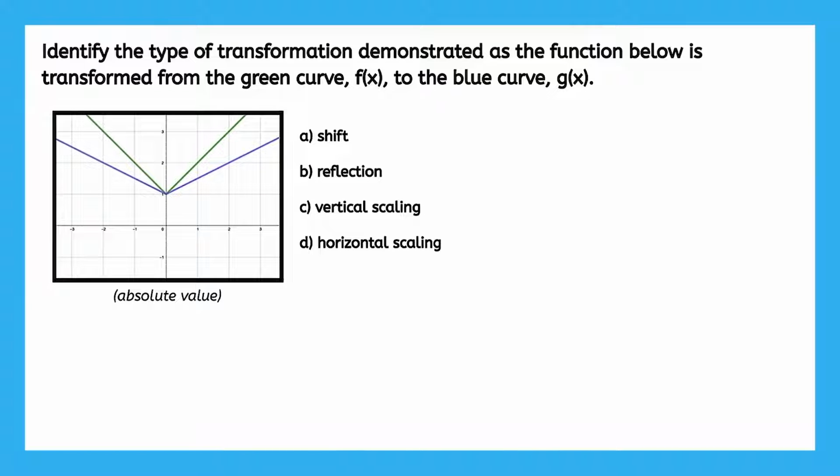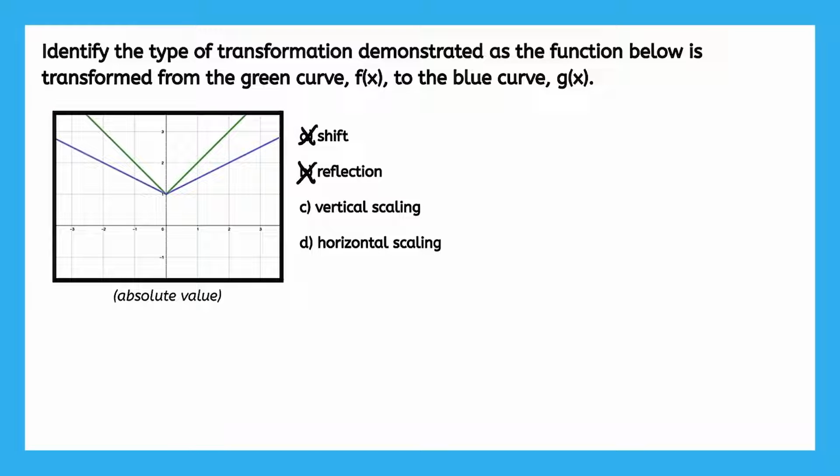We need to figure out, going from this green graph to the blue graph, what type of transformation happened. We know that the shape of the graph will not change if it's a shift, so the answer could not be A, and this graph is clearly not being reflected over the x or y axes, so B is not the answer.